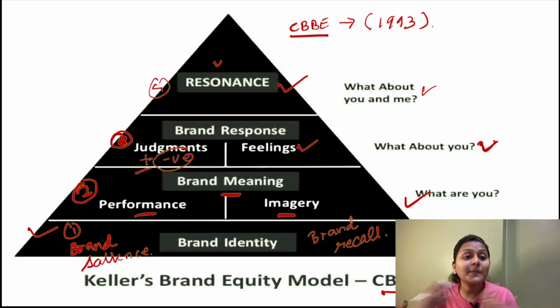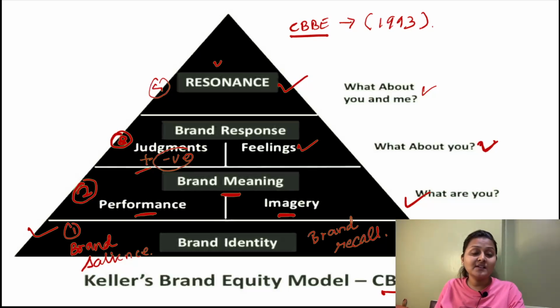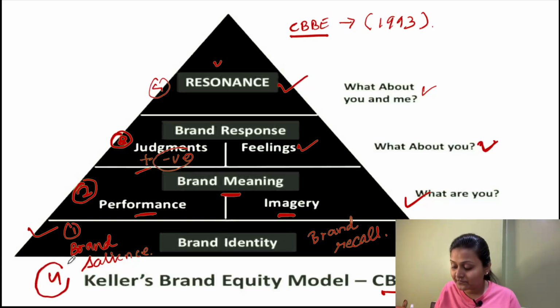A loyal community is created, there will be repeat purchase of the products from time to time, and the consumers are even going to become brand advocates, that is they are going to promote the products to other consumers in the market. So this was all about the four stages of Keller's brand equity model.